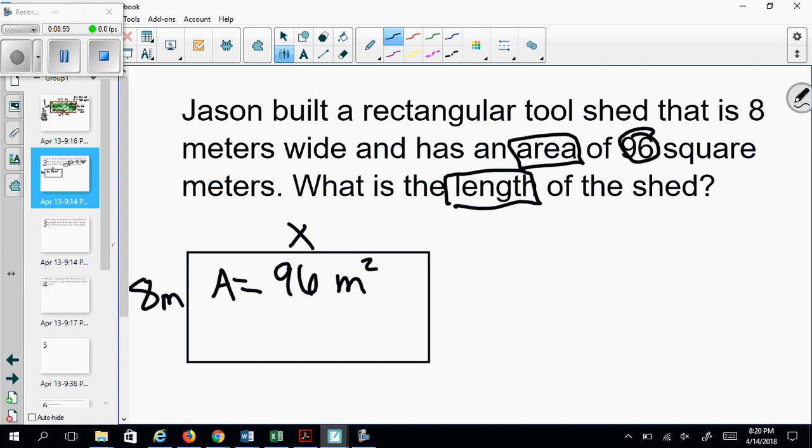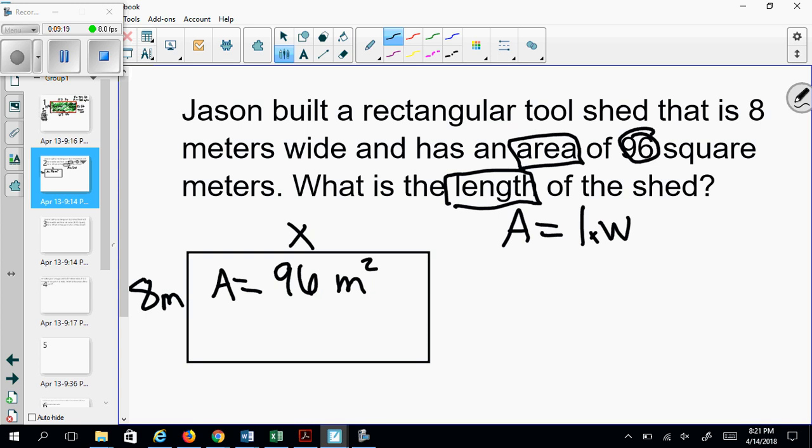So in order to find the length, remember that the formula for area is length times width. And remember, when you see it like this, you just put a little X right there to remind yourself you're multiplying. So you have length times width.